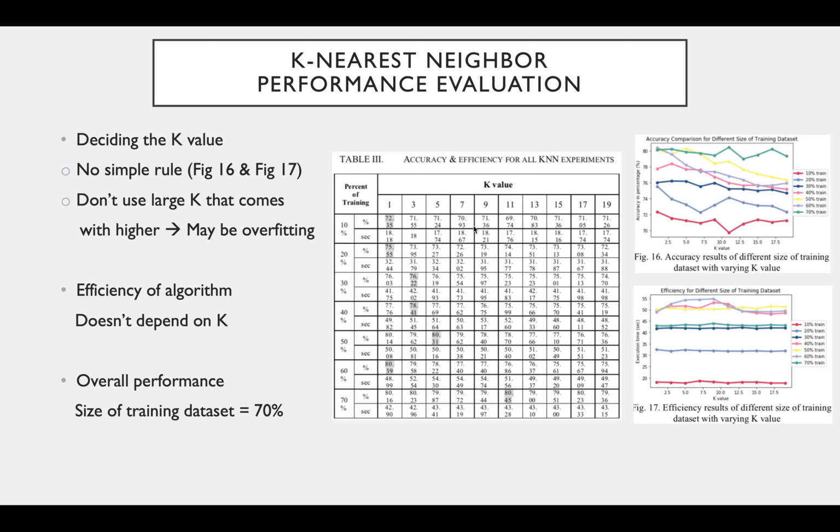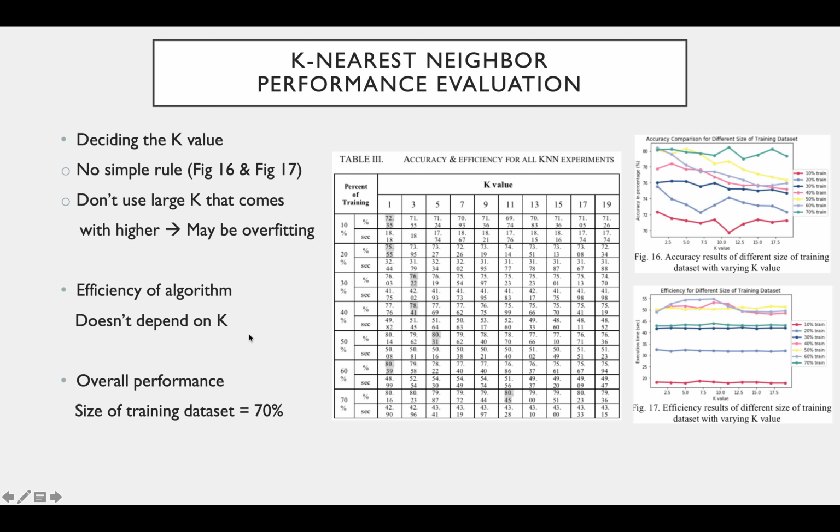However, the accuracy decreases again when k is greater than 11. So we don't need to select a large k value for higher accuracy, because this may lead to overfitting.